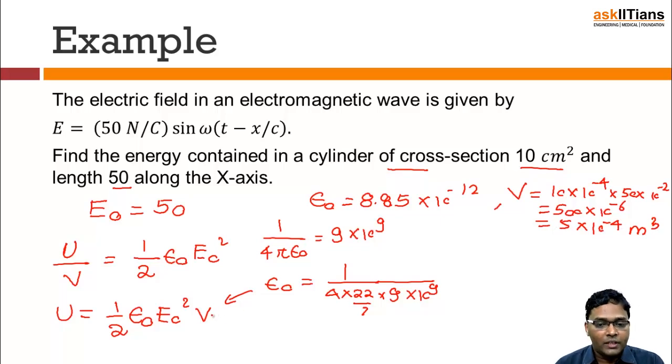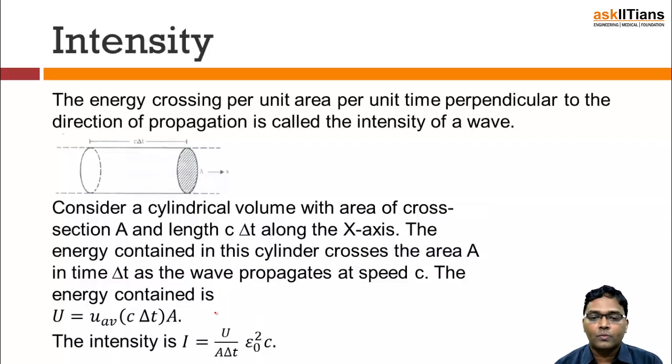So this is the volume that we have. Epsilon naught we have already put in. E naught is 50, so you just need to substitute all of that. Now mind you, here I am not talking about the average energy, it is the total amount of energy that is there, right? So this is the expression which you need to simplify, and that's going to give you the answer.